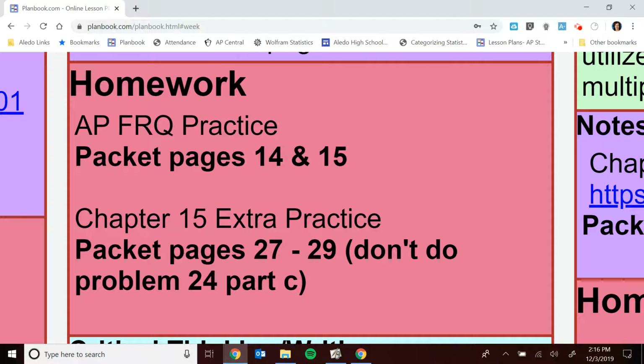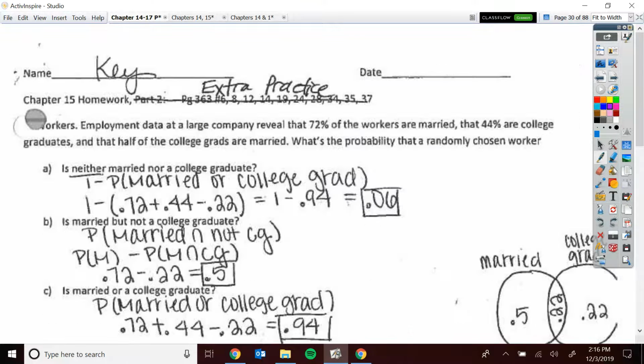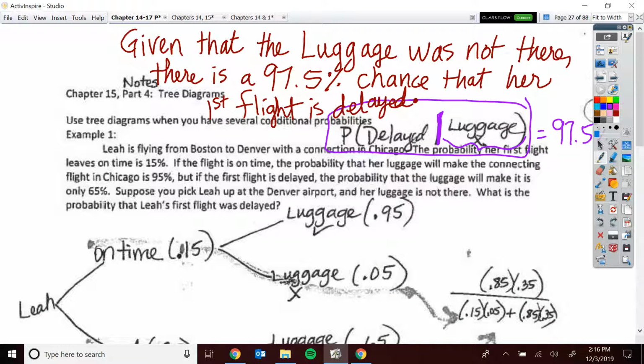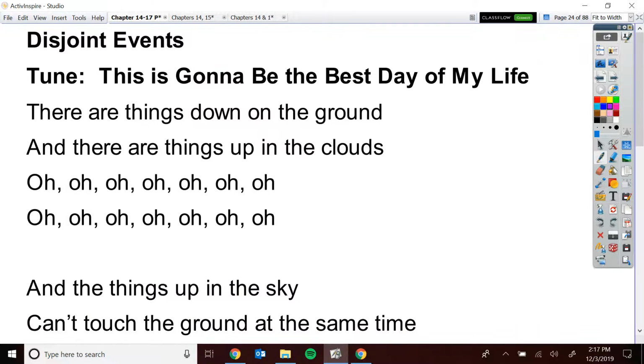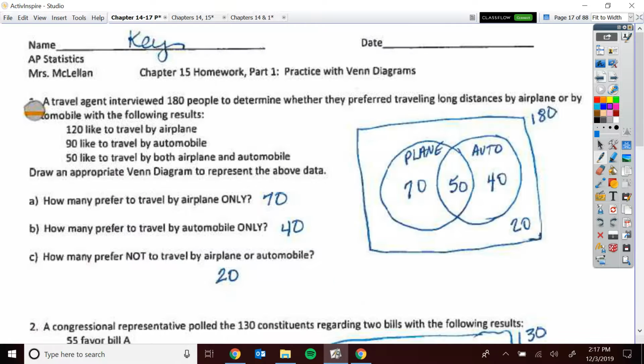So let's go ahead then. And what I want to do is take a look at your page 21. So that was your Venn diagram problems. So that looked like this, your page 21. So let's just check those real quick, see how you did, and then I want to talk to you about something down there at the bottom of it. Make sure we're good.